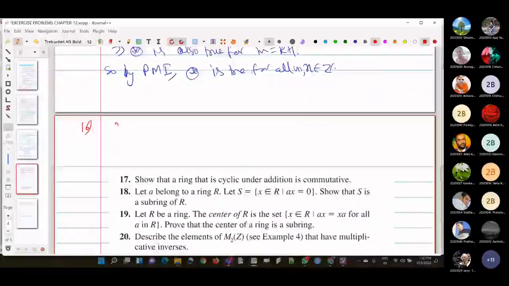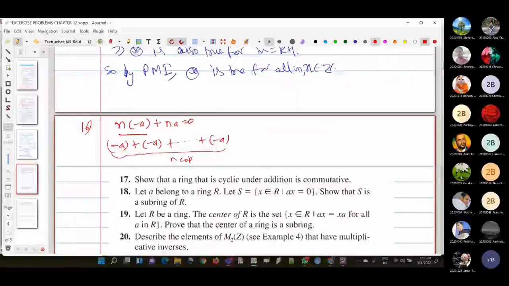To prove this, we can prove that na plus n times a equals 0. And for this, how can we consider it? This means n copies of negative a. So we can write negative a plus negative a plus dot dot dot plus negative a, n copies, and then plus n copies of a: a plus a plus dot dot dot plus a.